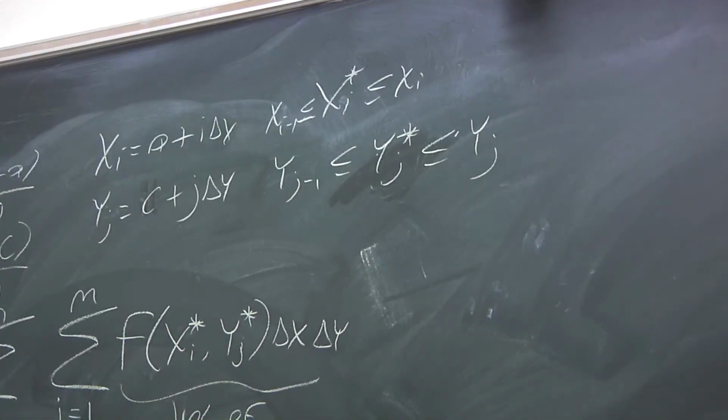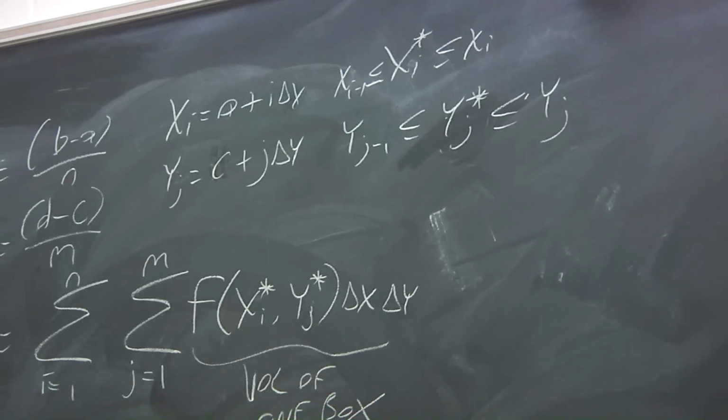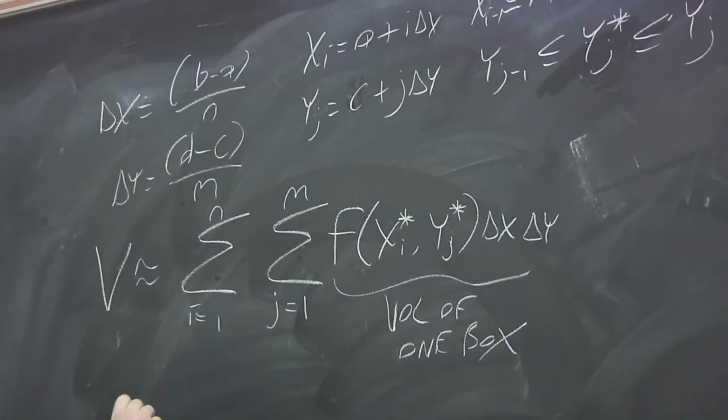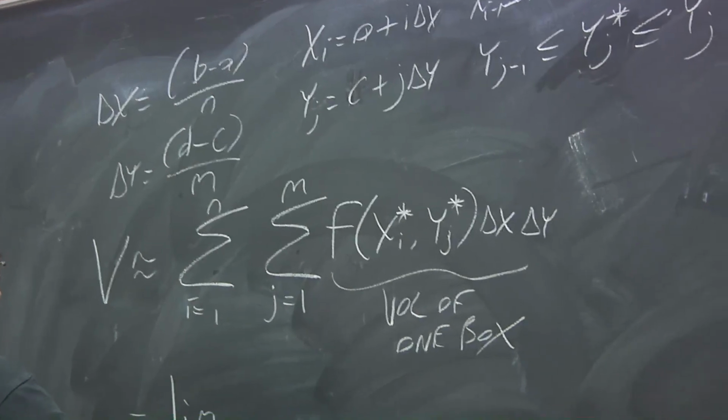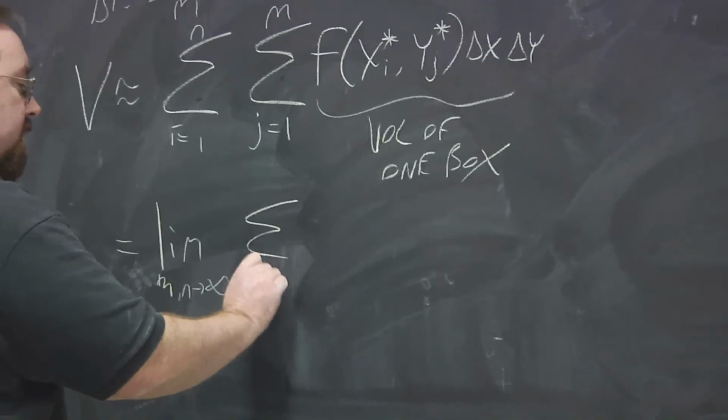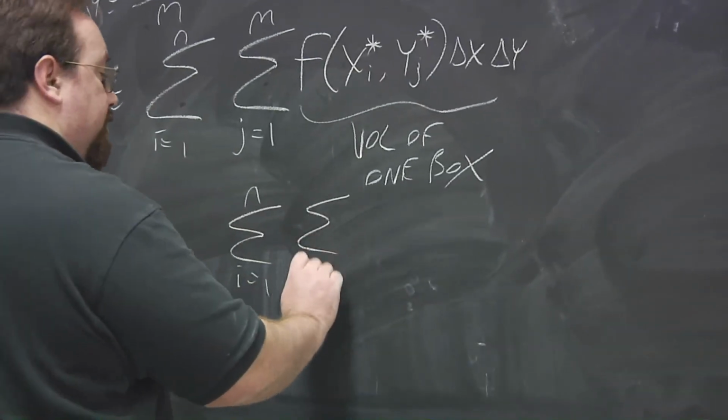Okay, so now we're going to define the volume to be the limit as n and m both go to infinity of the sum of the volumes of all these boxes.